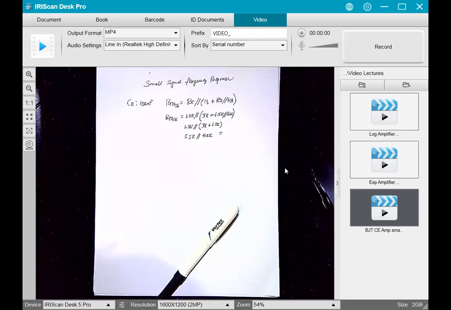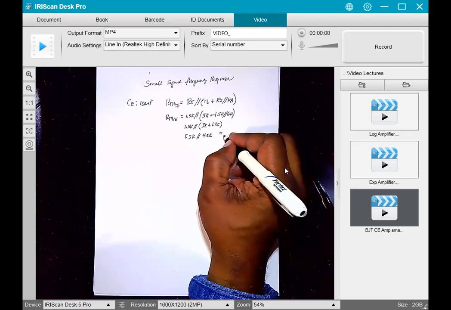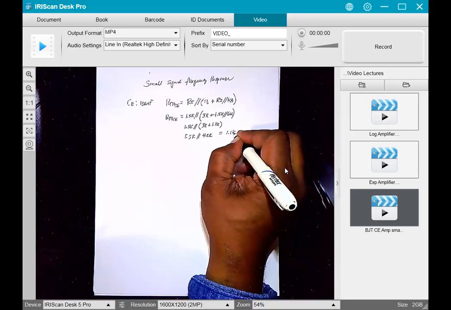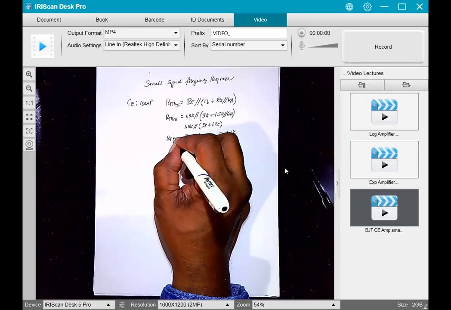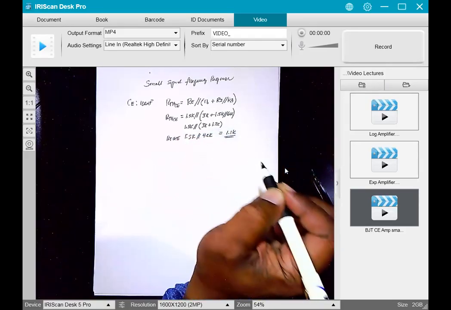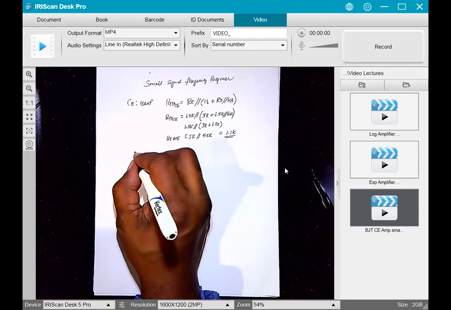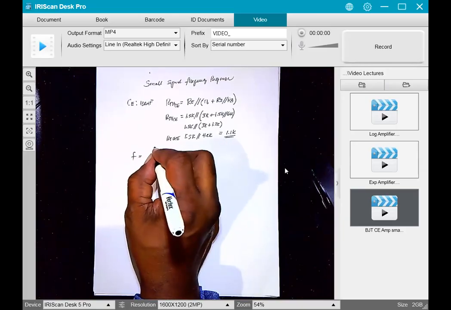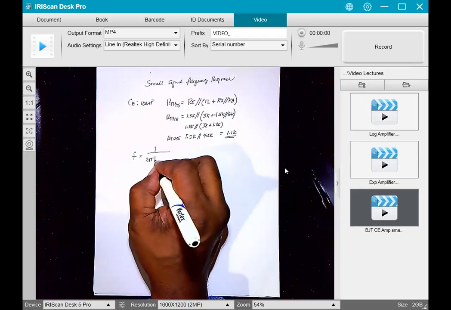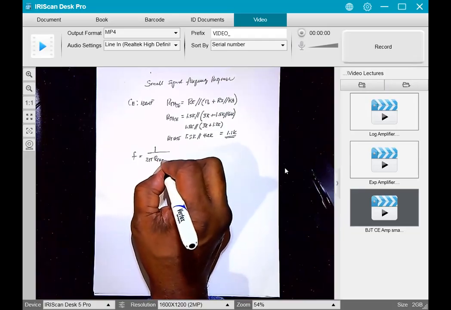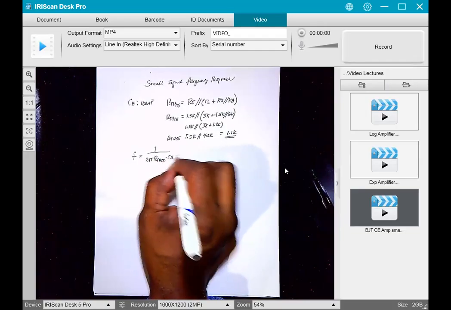What do you have? 1.1. Okay, that makes more sense. 1.1K, I'll take your word for it. That's my R Thevenin CE capacitor. And so then my pole is going to be 1 over 2 pi R Thevenin CE times CE.